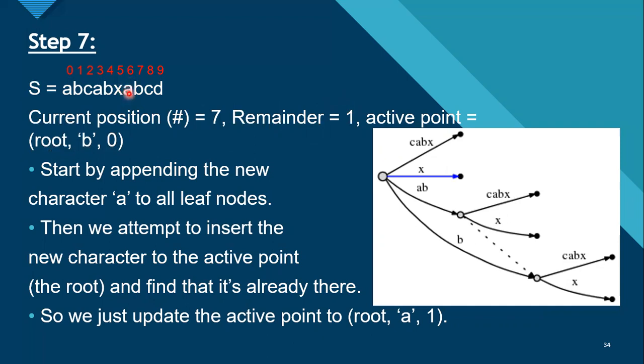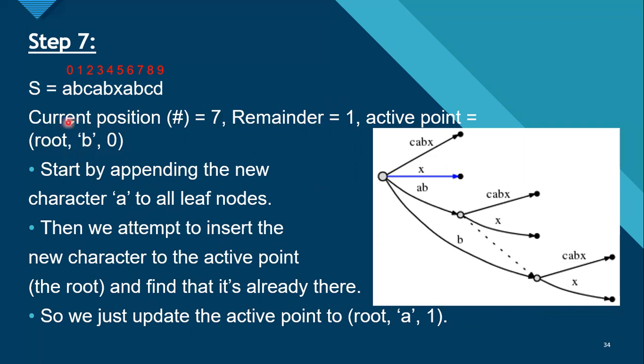We are now processing the character A. As usual, we start by appending the new character A to all of the leaf nodes. And then we try to insert the new character at the active point.